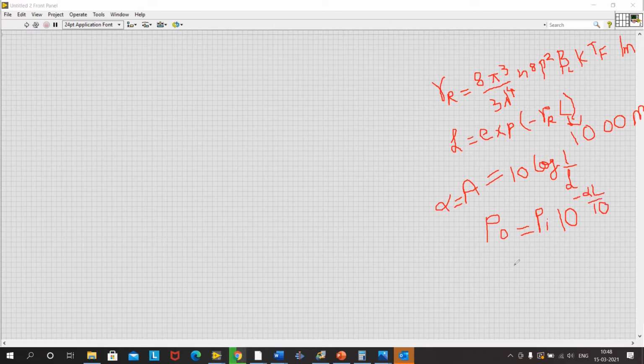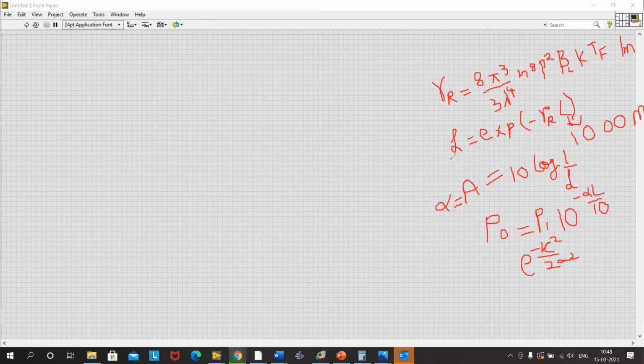And we can also convert this output power into a pulse by multiplying by the Gaussian factor, as we have done in our experiment number 2, e to the power of minus x square by 2 sigma square, where x is our counter and sigma is the pulse width.